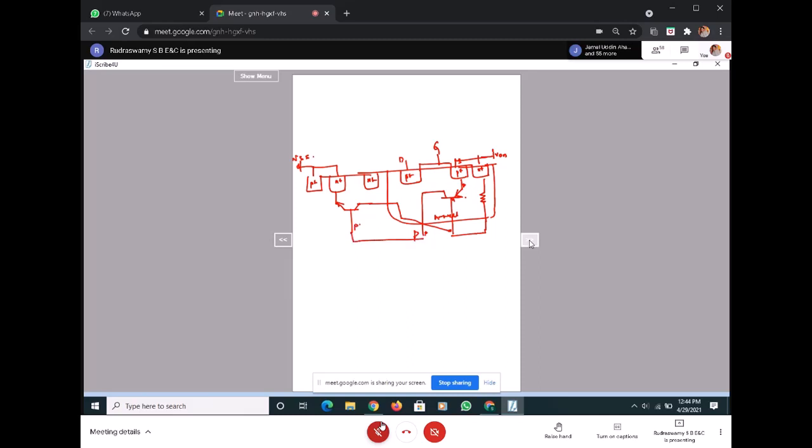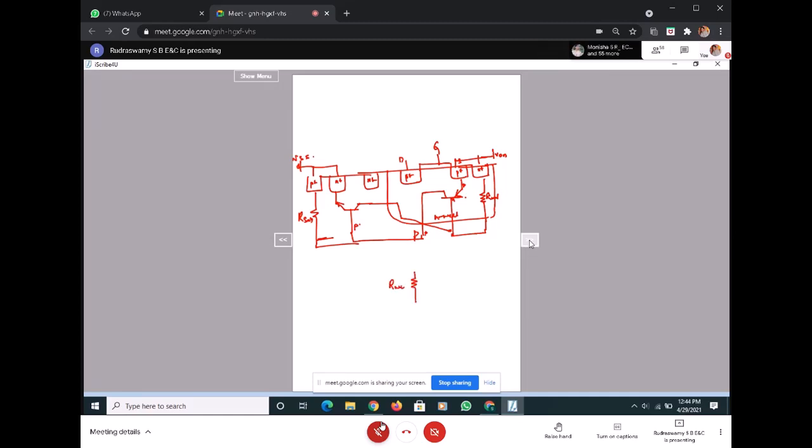This is P, this is shorted. Just to make sure how this was parallel here. I'm ensuring that my R well is connected to the base of the PNP. Similarly, my R sub is connected to the base of the NPN.